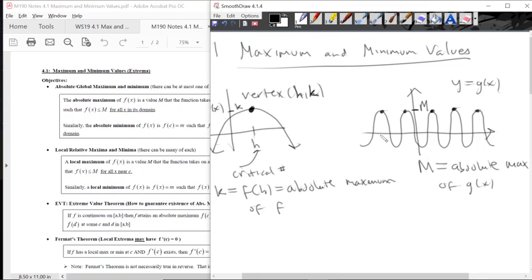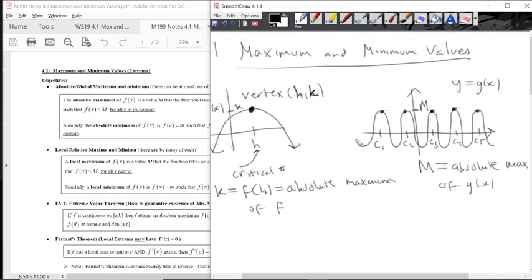I'll call the input for each of these C, because we use C for critical number, I guess. That's a good choice. So this would be C1, C2, C3, C4, C5, and perhaps this continues. Now, to confirm this is an absolute maximum, it has to be that the function doesn't later, at some other value that we can't see, attain a higher value.